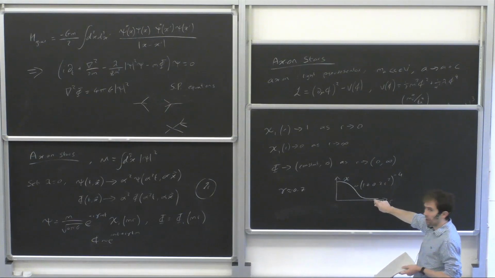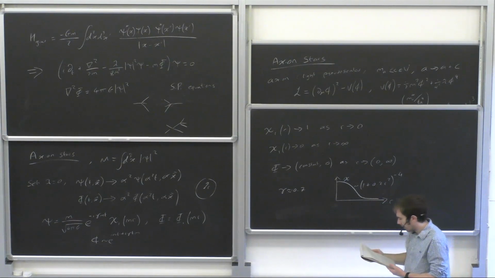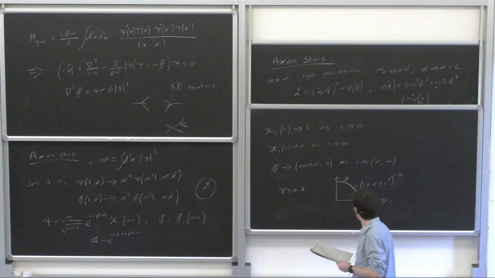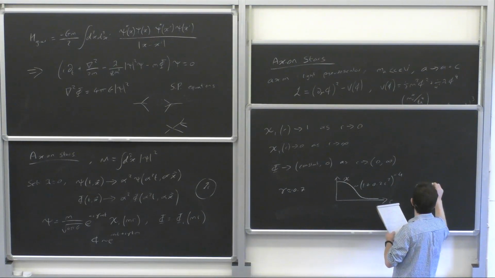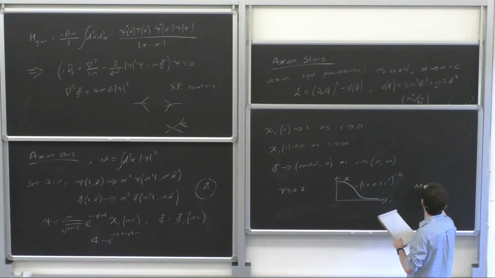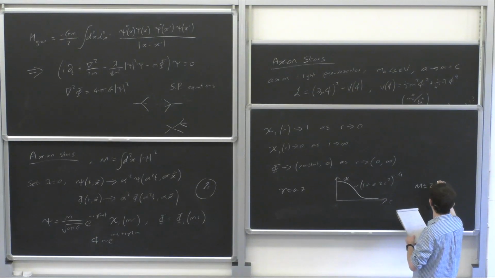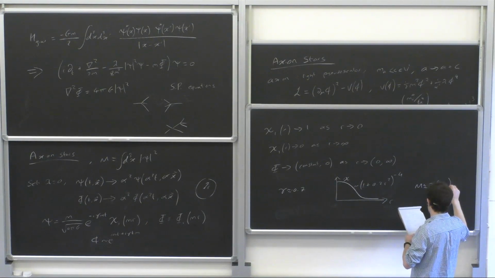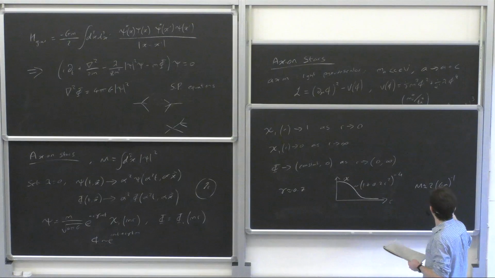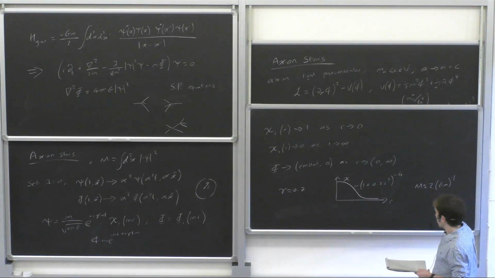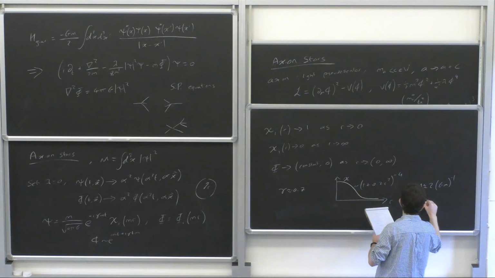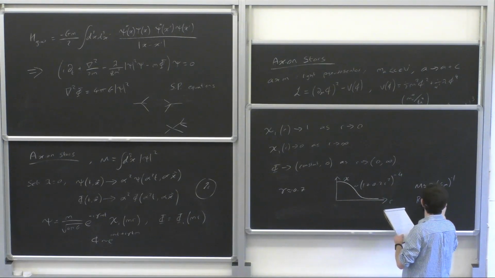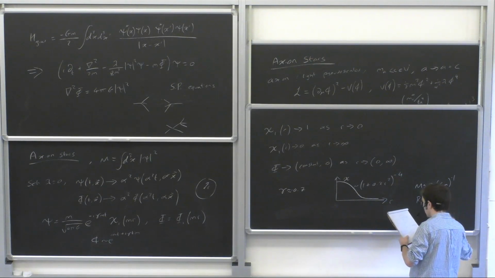And then there's an exponential suppression outside the central region. The total mass of the object, or the axion star, is given by this expression, and it has a half mass radius that is roughly 1.